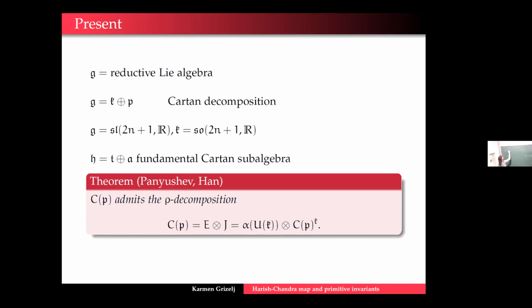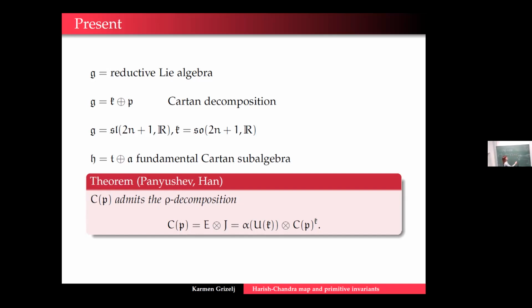Alpha now goes from the universal algebra of K to the Clifford algebra of P, and on K, it is defined by that same formula, minus 1/4 sum of X commutator b_i d_i, but this time b_i and d_i are dual bases of P. And when commuting something from K and something from P, we end up in P. So it's fine.